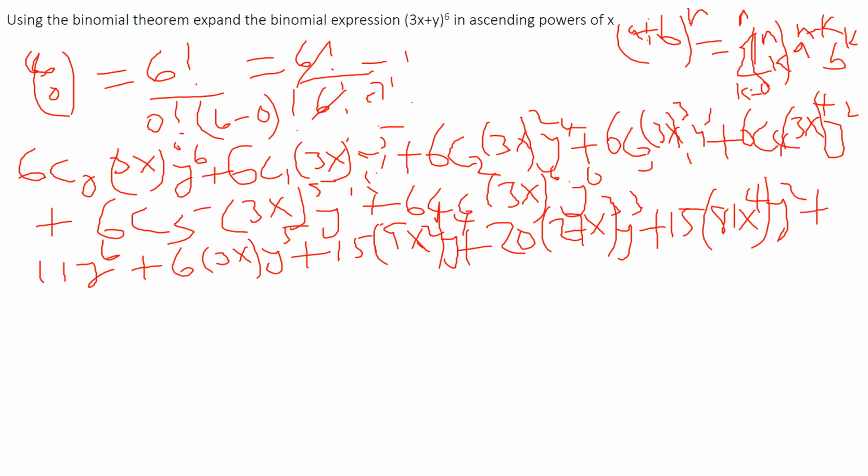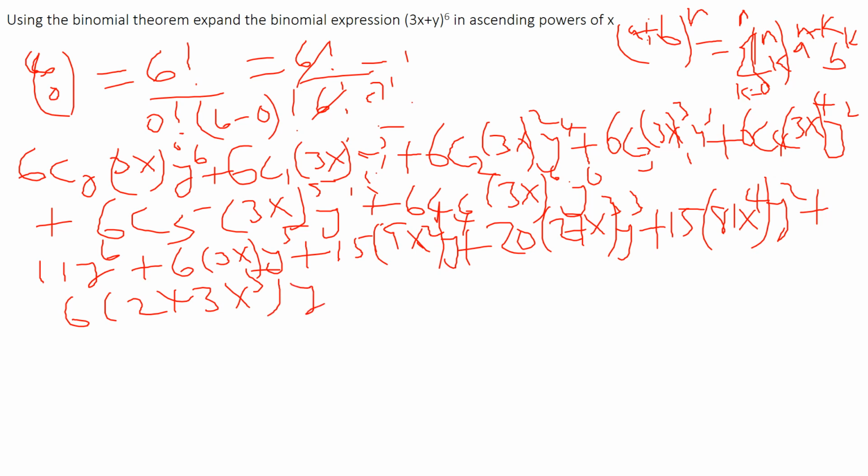Then these we multiply by y squared, then plus we have 6 combination 4, this one is a 6, then 3 raised to power 5, this one is 243, x raised to power 5.